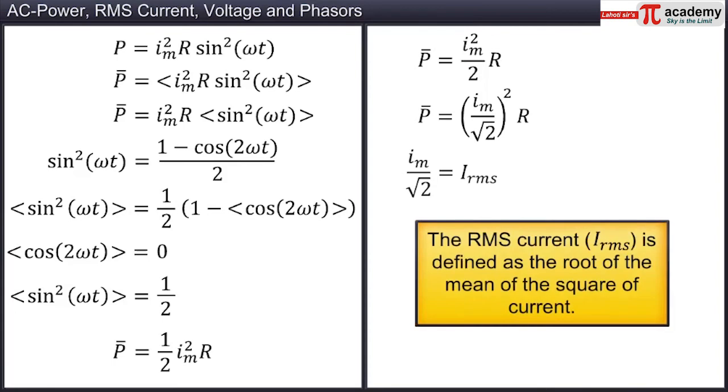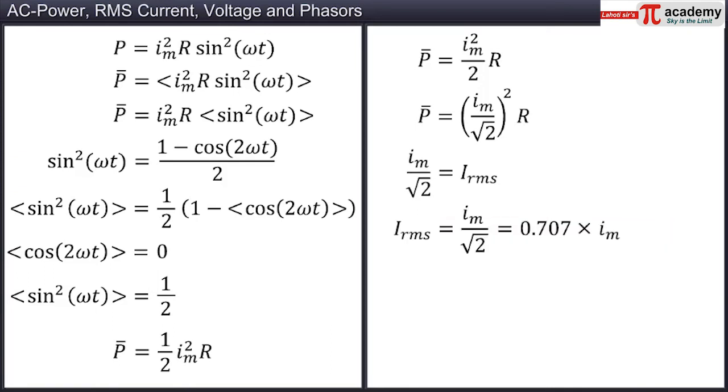RMS current is defined as the root of the mean of the square of current. For a sinusoidal current, its value is 1 over root 2 times or 0.707 times the amplitude of the AC current, Im. The average power dissipated by any form of AC current in a resistor is IRMS square R.